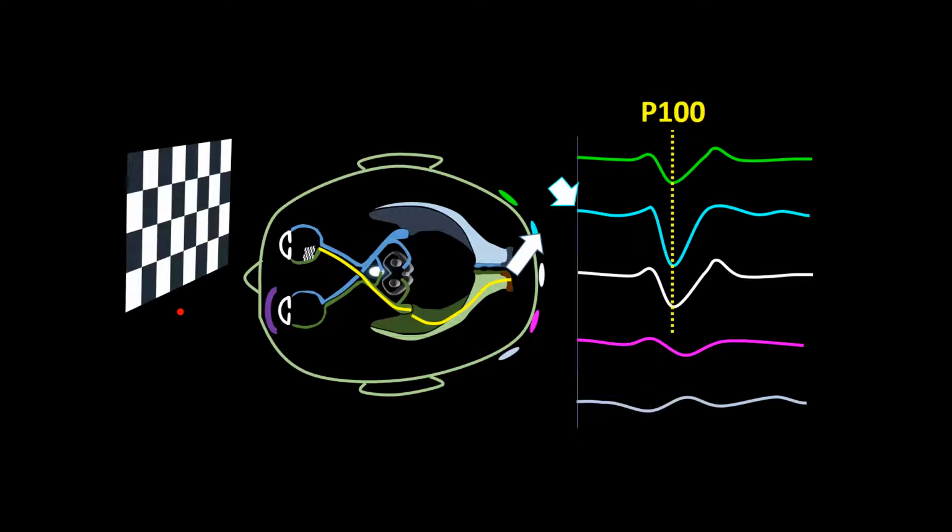Then comes the P100 in the right parasagittal and mid-occipital electrodes. Then the N105 appears. This wave is maximal in the left temporal electrode, but it can also be present in the left occipital electrode.